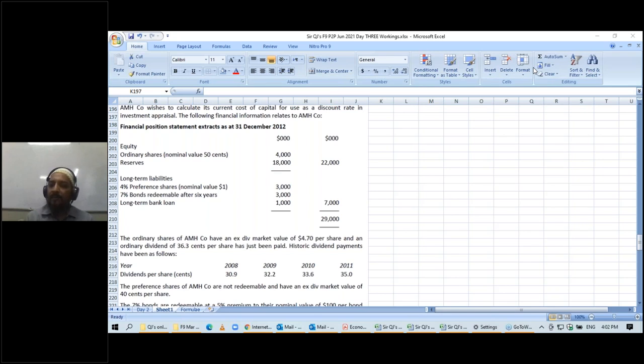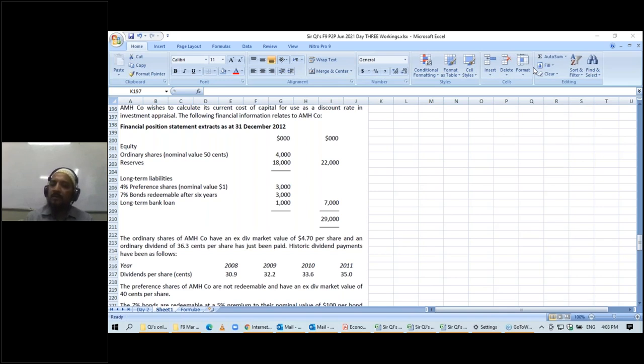One is the debt capital and the other one is the equity capital, right? The debt capital is mostly loan notes or bonds or redeemable preference shares, right? This type of capital is cheaper compared to the equity capital, like ordinary shares.